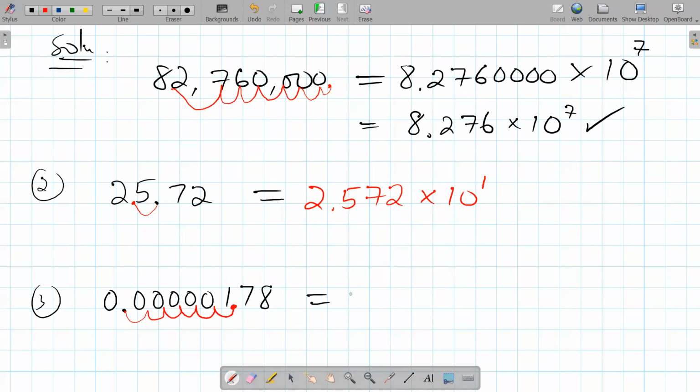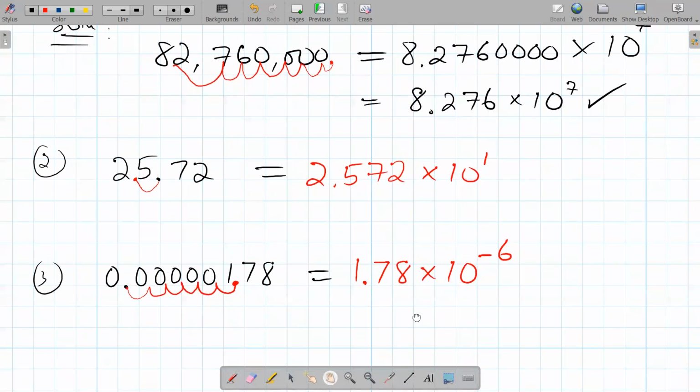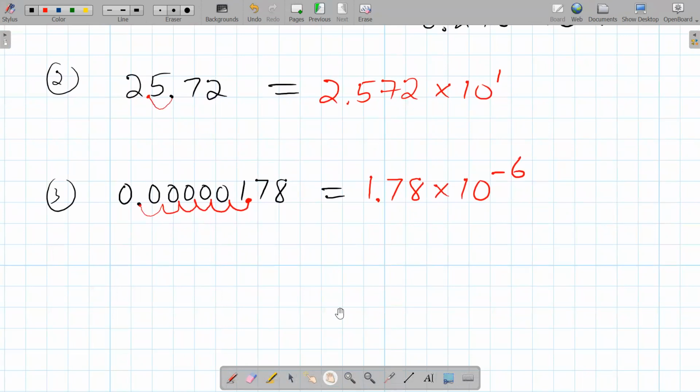So that it will give me 1.78 times 10 to the negative 6. Remember, if you move to the right, the number of times that you move becomes a negative exponent. And if you move to the left, the number of times that you move becomes a positive exponent.